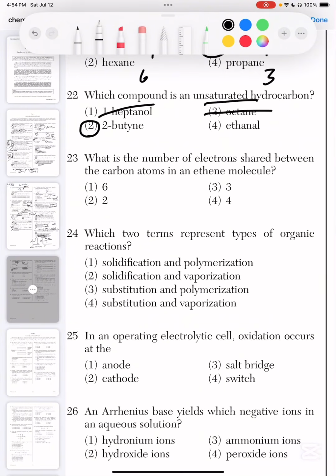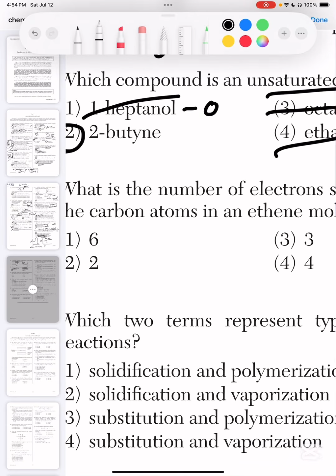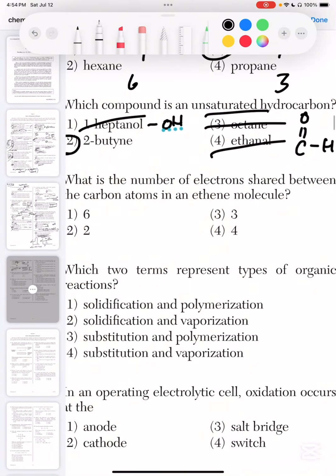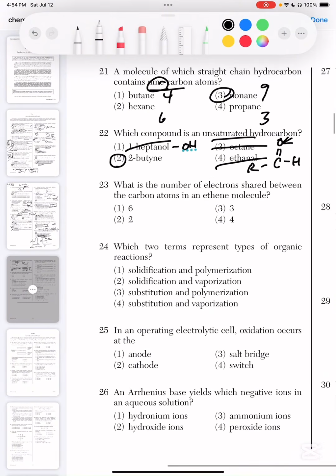These two are not hydrocarbons because heptanol contains an alcohol functional group, and ethanol has an aldehyde functional group, right? It has this terminal hydrogen and the oxygen here. So yeah, number 2 would be the only answer that would make sense.